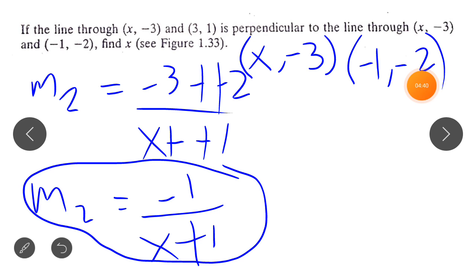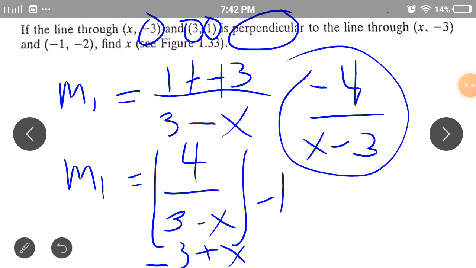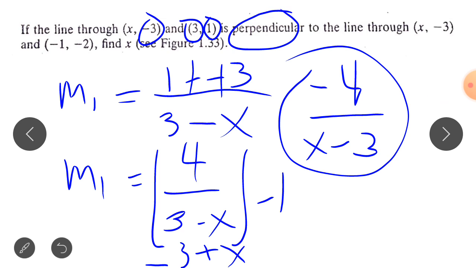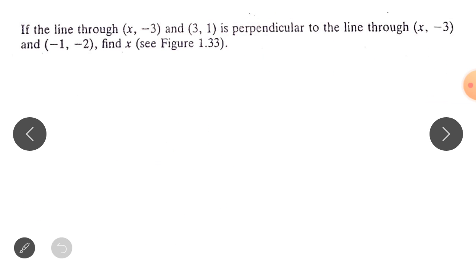Once you have the slope of the first line and the second line, and it is stated that they are perpendicular to each other, to find x, all you need to do is use the formula m sub 1 times m sub 2 equals negative 1.